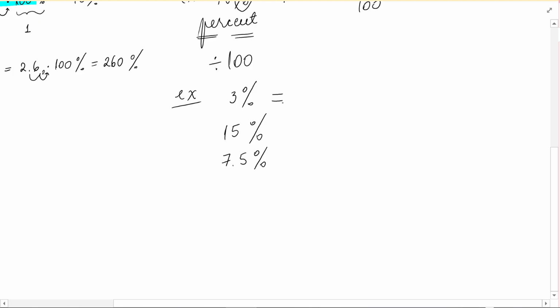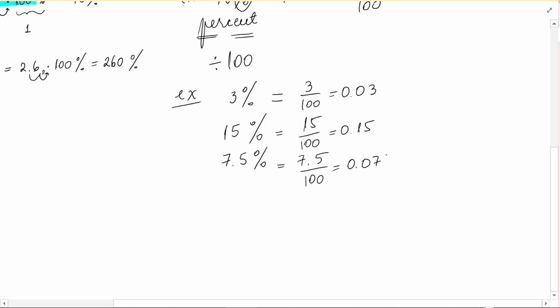How do I change it into a decimal? Well, 3%, 3 over 100, or 0.03. 15%, 15 over 100, or 0.15. 7.5 over 100, or 0.075. I hope this helps.